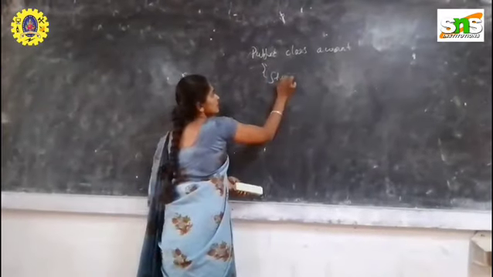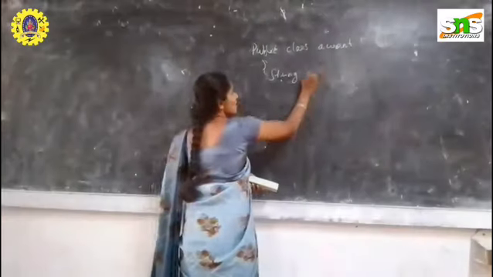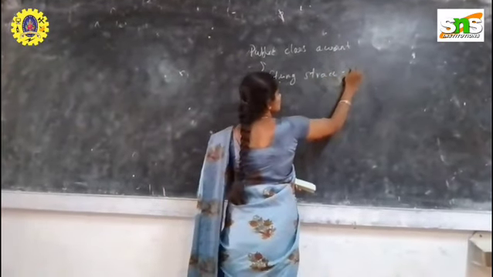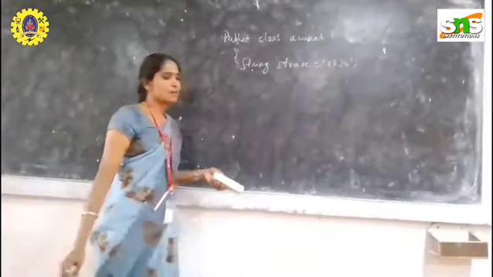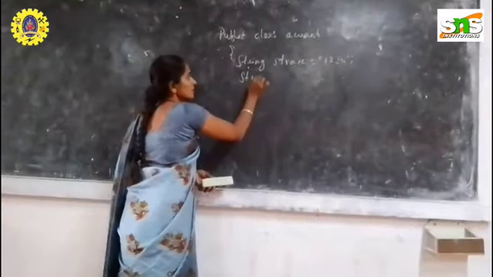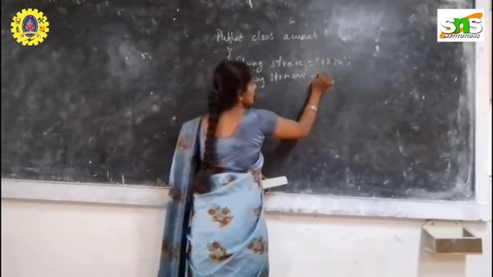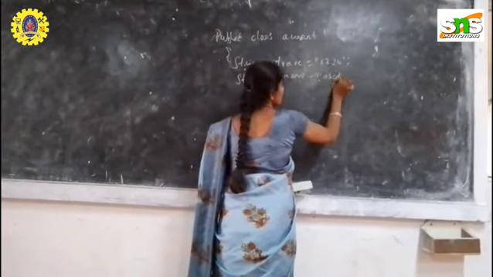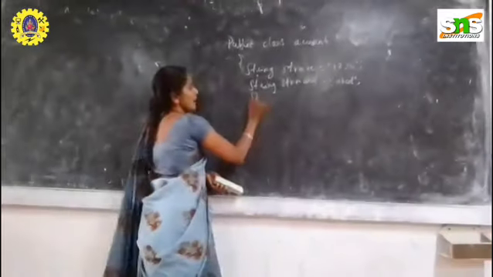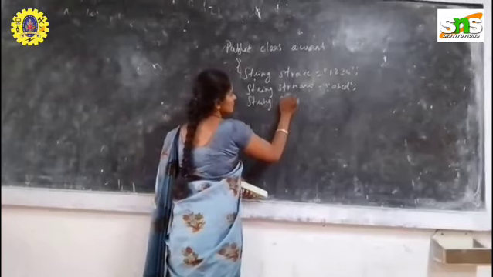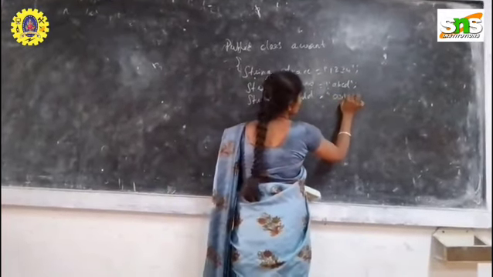These are the data types for creating the attributes. String strAccount equals 1, 2, 3, 4. The next one is string strName, the account name is ABCD. The next one is string strAddress, which is Coimbatore.